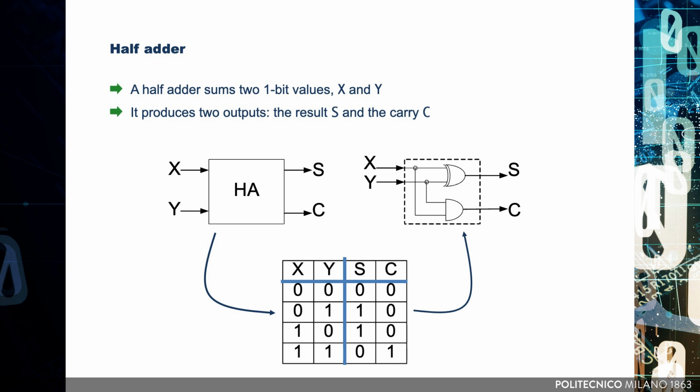The sum s is calculated as x XOR y. The carry c is calculated as x AND y. This simple circuit forms the foundational building block for more complex n-bit arithmetic units, which we will explore in this video and in the following ones.